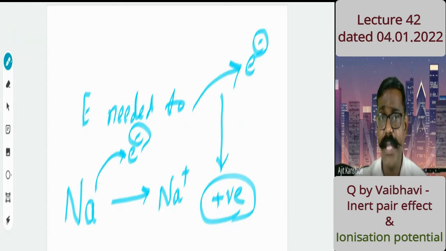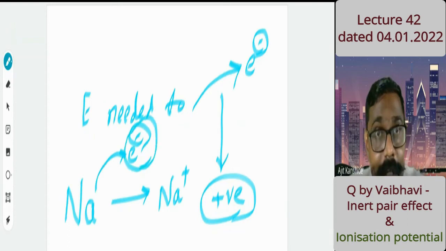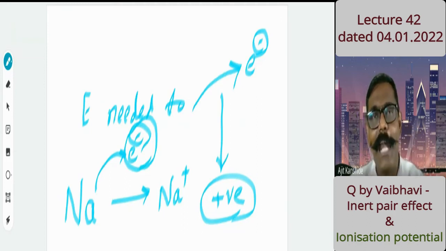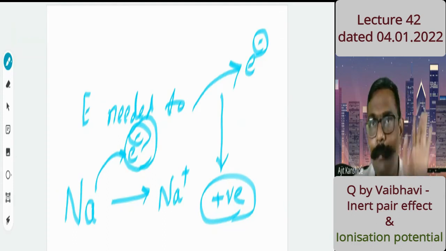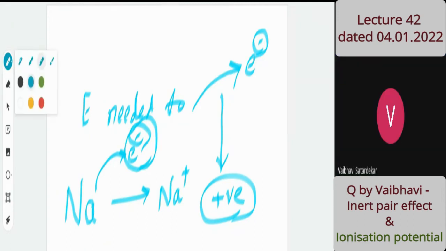Na plus. Energy needed to remove this electron is ionization energy. Potential needed to remove that electron is ionization potential. Enthalpy needed to remove that electron is enthalpy of ionization. Only it's a game of words. But the concept is what? Energy is used there. Potential is used there. Enthalpy change is occurring there. Are you understanding what I'm saying? Yes, sir. Good.